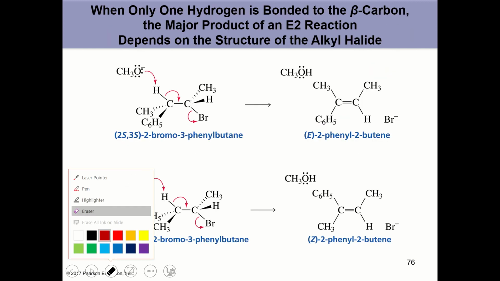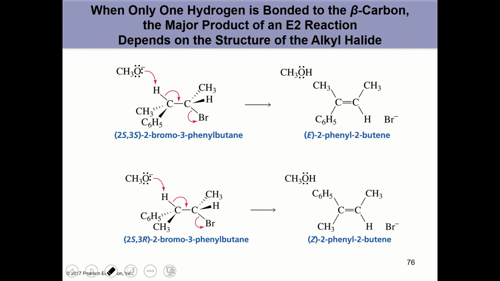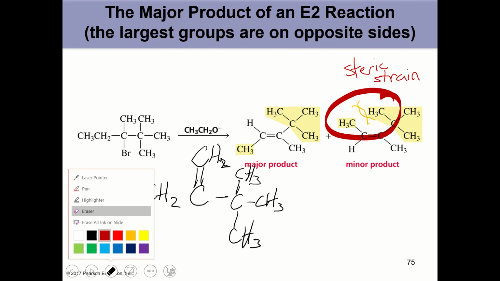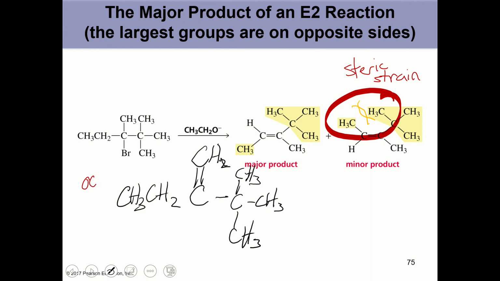Which can be written in shorthand as OC(CH3)3. So that means that 3 methyl groups are bonded to this carbon, which is bonded to an oxygen that is negatively charged.